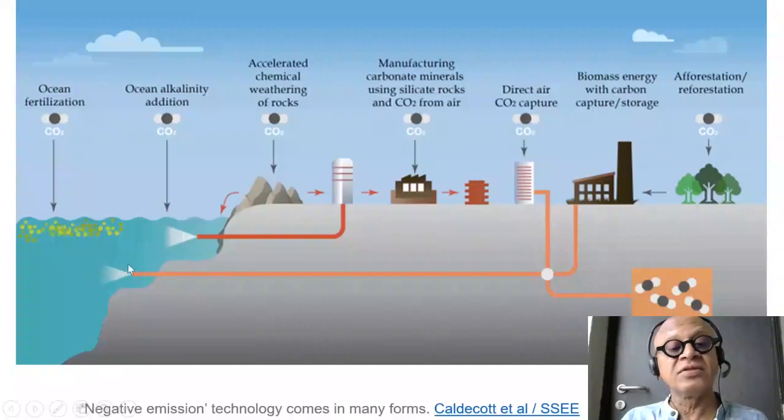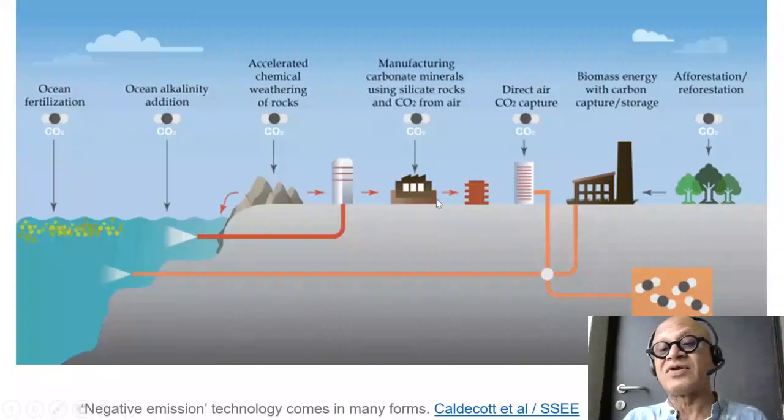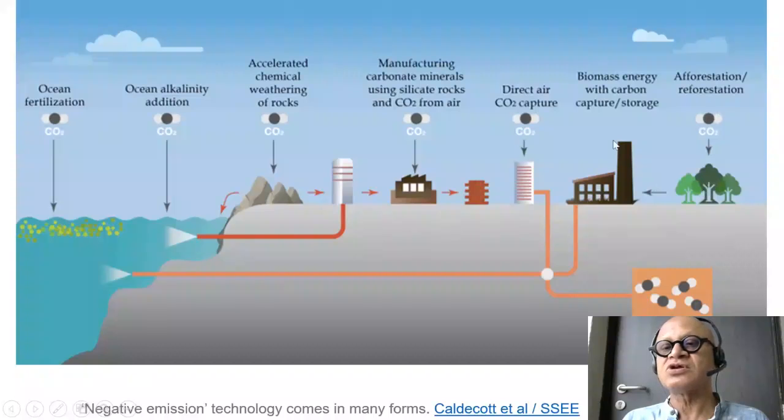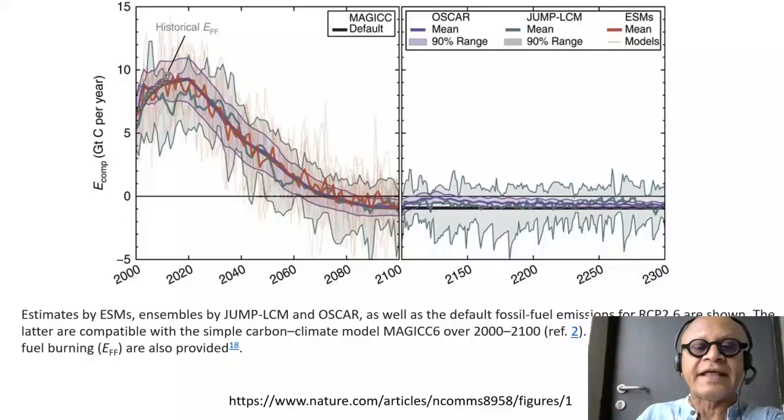Again, not tested at scale. Remember the amount of carbon that has to be drawn down. That's not a small amount, right? Or you can put it into various salt mines and old oil wells and other geologic faults where CO2 can be hidden for a long time. So afforestation and reforestation takes out CO2, gets used as biomass, and so on. These are called negative emissions because they take out net CO2 from the atmosphere.